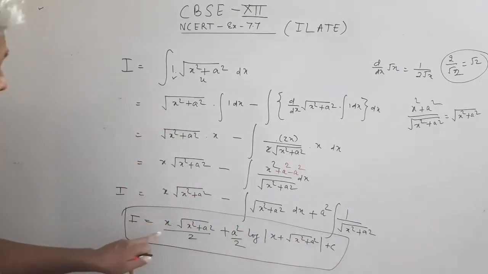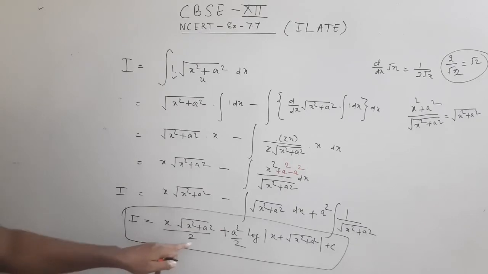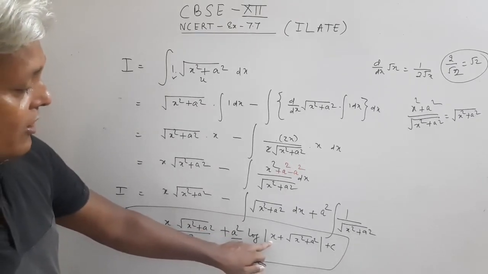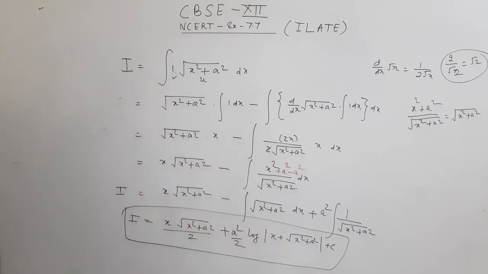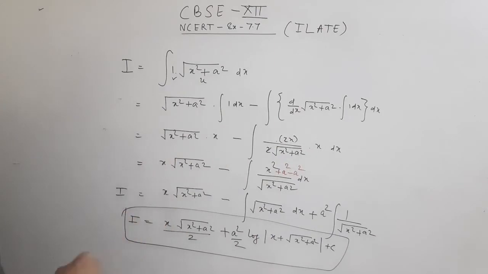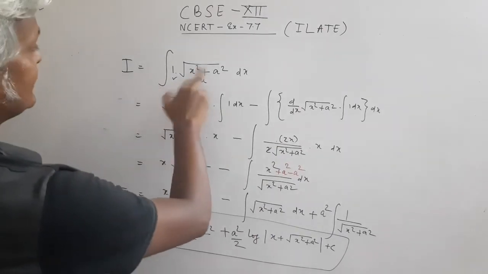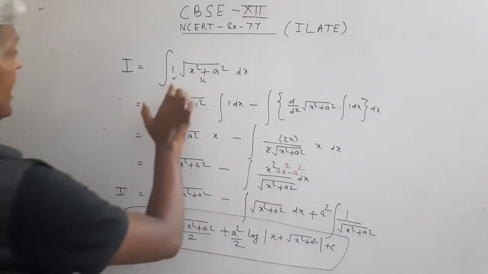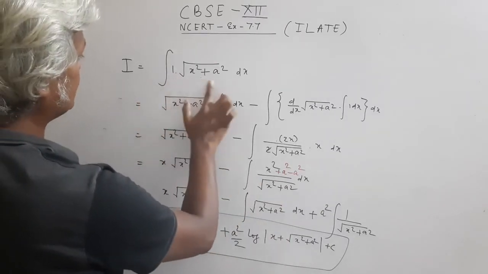That is I is x under root x square plus a square by 2, plus a square by 2 log mod x plus under root x square plus a square, plus c. This is the formula. Now we have one more form, and that is I is under root x square minus a square, but the same method I have to use. So I just make changes to this.